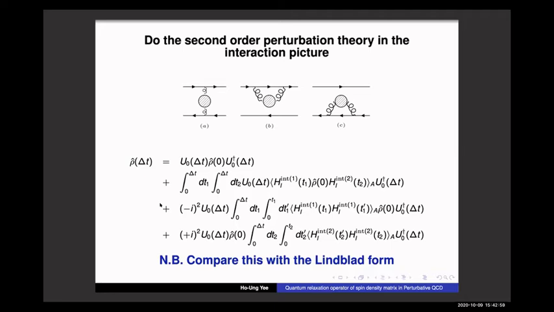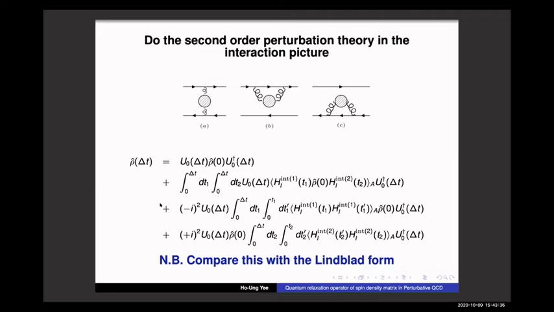And there are 3 contributions. One contribution is from the second order terms from one unitary operator, and there are 2 of them. One is from the time evolution operator for the bra part, and the other is from the ket part. They represent the self-energy contributions denoted in diagrams B and C. And also there exist cross terms, with one interaction from U1 and the other interaction from U2.